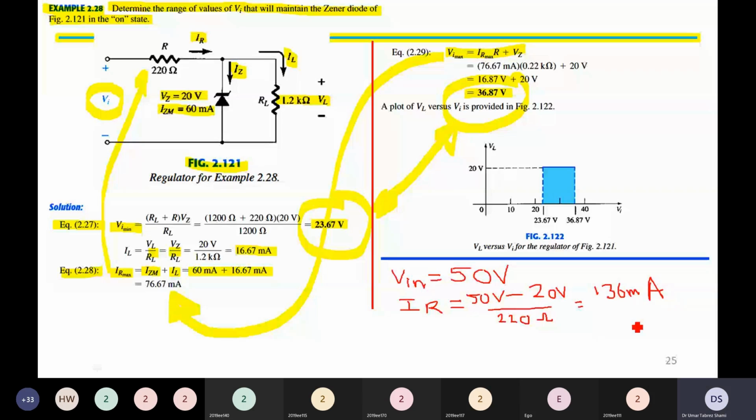Now 136 milliampere are flowing through this resistance R.